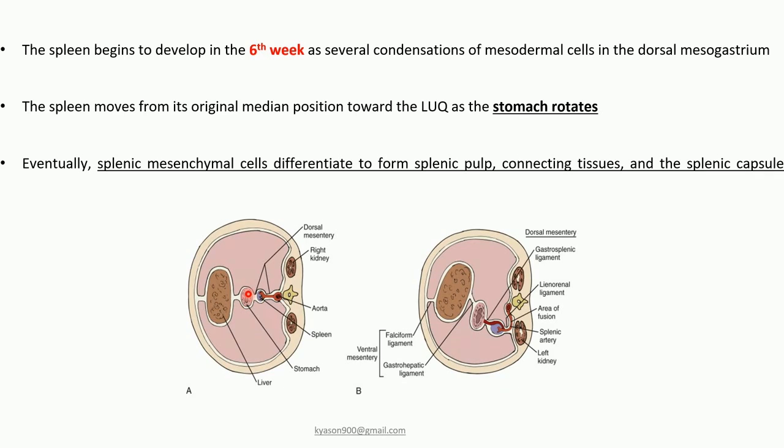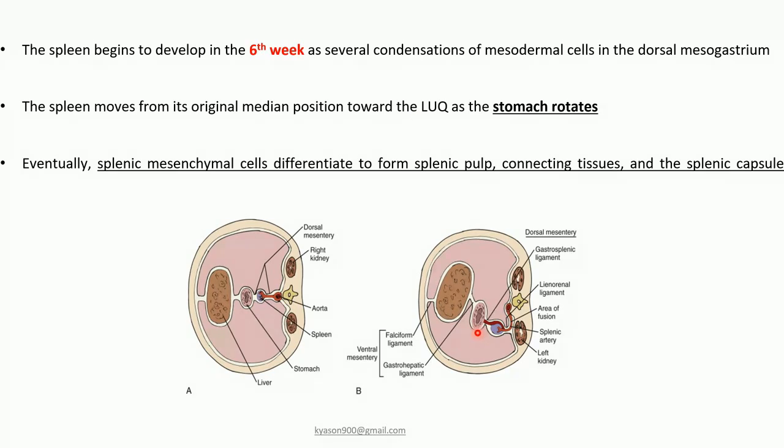The stomach comes to the left side and the liver goes to the right side. Because of the rotation, the originally median position of the spleen changes so that it shifts to its normal anatomical location, the left upper quadrant.